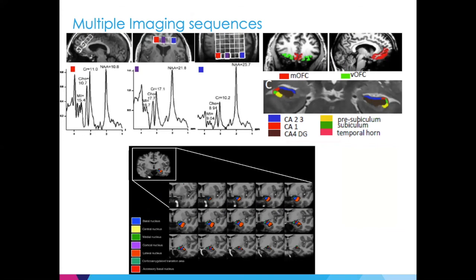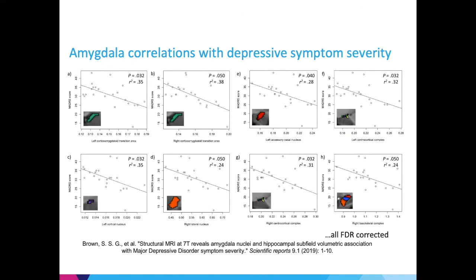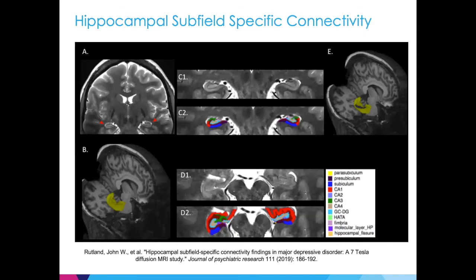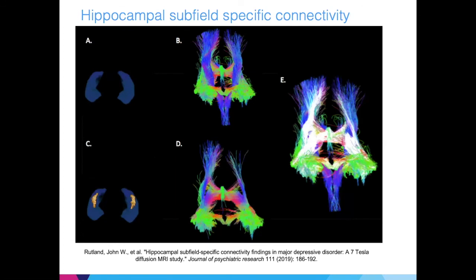So we threw the battery of tests on a set of patients, 35 patients now, and have found an amygdala subnuclei correlation with depression severity. These are all corrected for multiple comparisons, and we have also found differences in the connectivity of specific subfields of the hippocampus for the depressed patients versus controls.